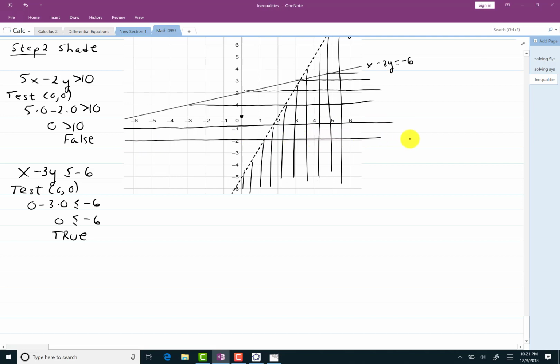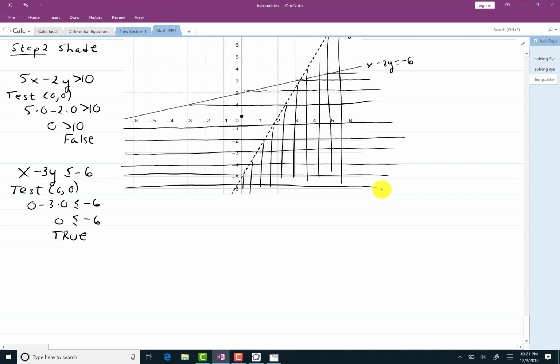If you do as I say, you'll be able to see the solution set will be here. It'll be down in this area here. You can see these are the ones with the double hatchings, if you will. I have a cross. So the overlap is basically going to be the answer.